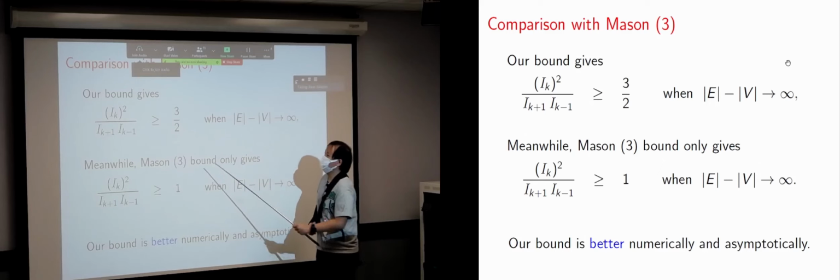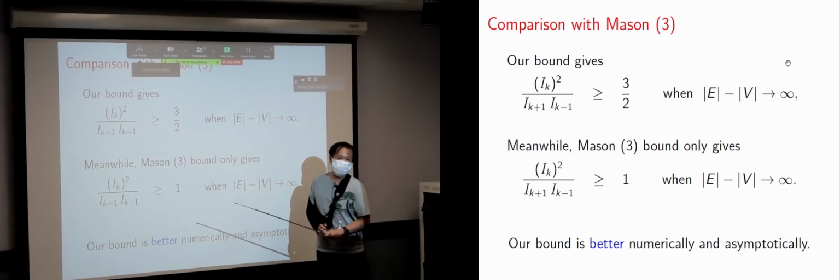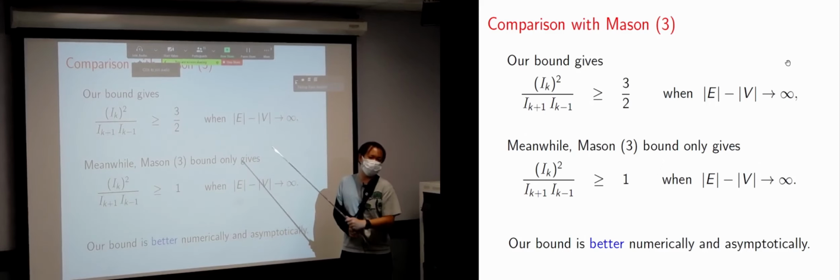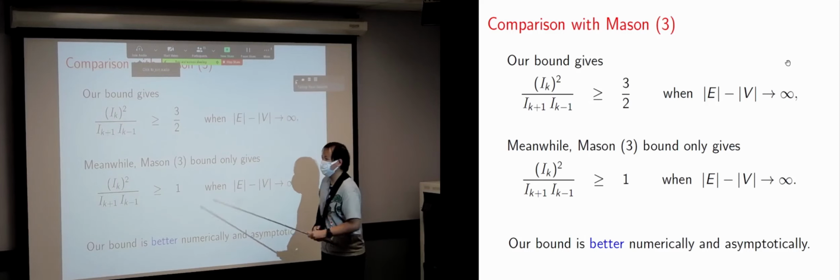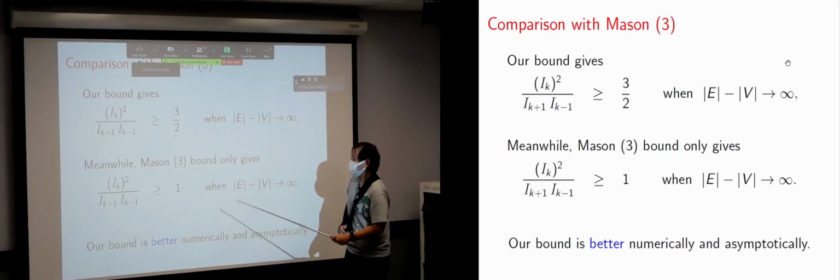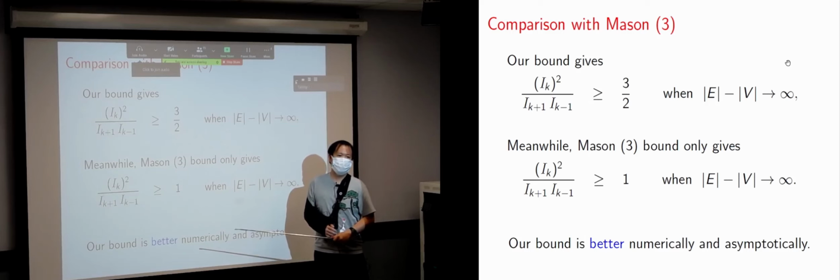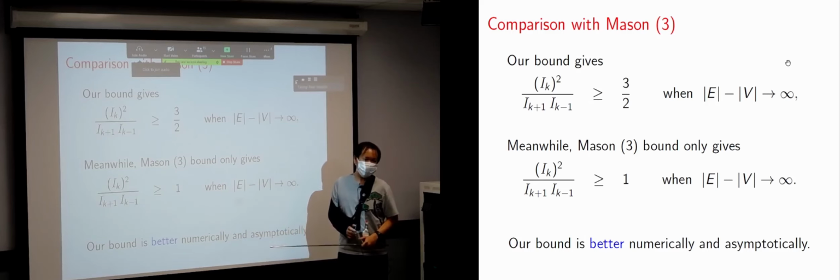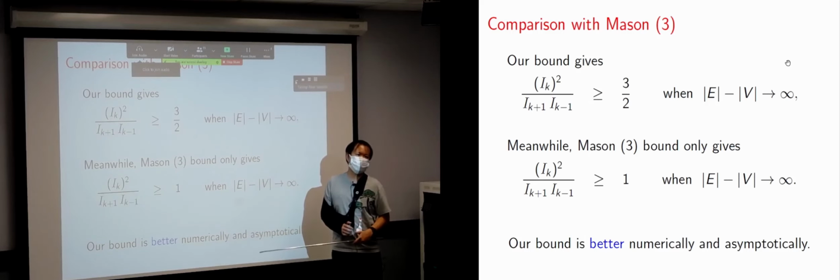In this situation, our bound gives us 3 over 2 as a lower bound asymptotically, while if you only use the Mason bound, what you get is simply 1. So this shows that our bound is better numerically and asymptotically.